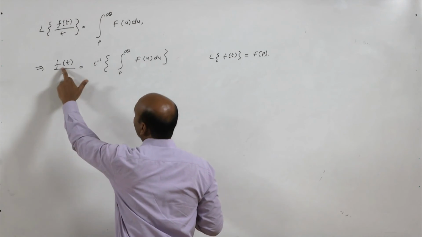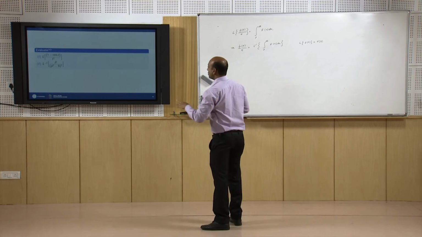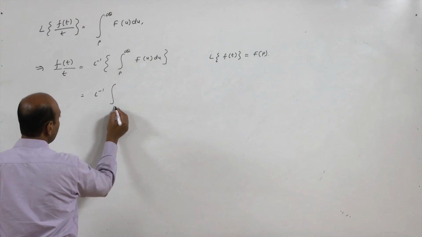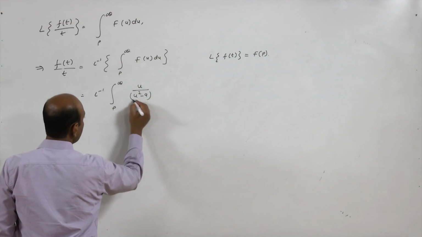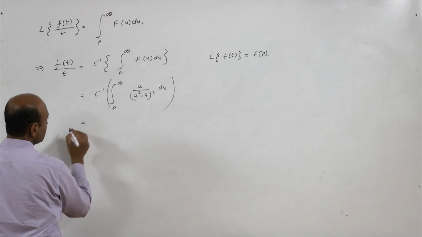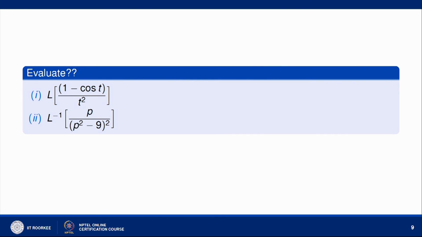If we obtain f t, that means we obtain the Laplace inverse of this expression. So take this as f p. So it is the Laplace inverse of the integral from p to infinity of u upon u square minus 9 whole square du. This is because I am taking the expression given inside the bracket as f p, and we have to find the Laplace inverse of this f p, which is nothing but this f t, because we know this.